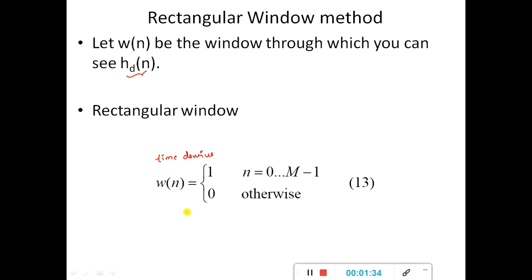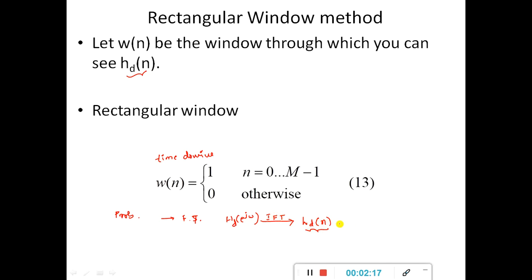Now let me tell you the main agenda of this filter design. The problem statement will be given in terms of the Fourier transform, that is, the problem definition will be in terms of H of e power j omega. I will call it Hd of e power j omega. Then I need to obtain its impulse response by taking the inverse Fourier transform.